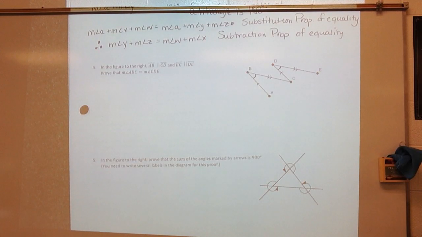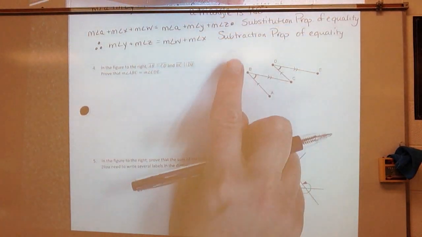Well, more than likely, since they told us we have parallel lines, we're probably going to use what we know about transversals. So let's look at that. On the measure, let's see, ABC and DCB. All right, let's work with what we know about these two parallel lines.